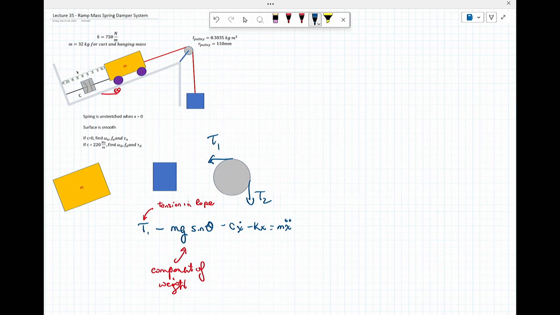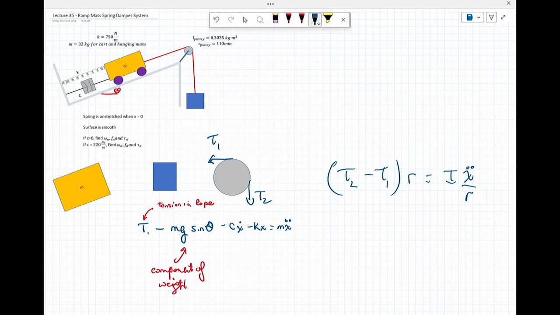And so T2 minus T1 times the radius of the pulley equals I x double dot divided by R. So I alpha. So I have everything I need.